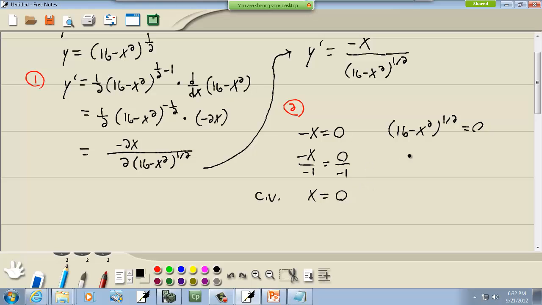I don't think I'll ever be able to call them critical numbers, but you get the idea. Now here we have parentheses to a power. What we can do is raise both sides to the reciprocal of this power. This is 1 over 2. The reciprocal is the fraction flipped. So we're going to take both sides to the 2 over 1 power.